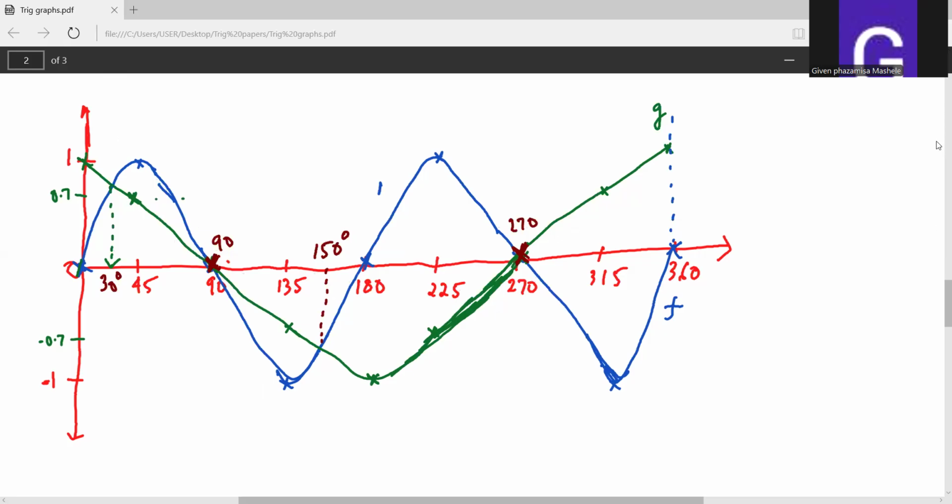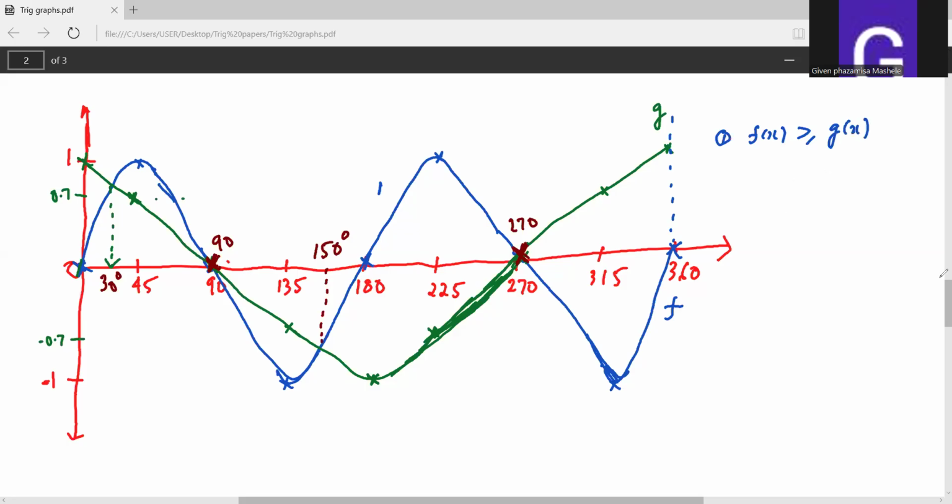Number one, it says we need to use the graph to determine the value of x where f of x is greater or equals to g.